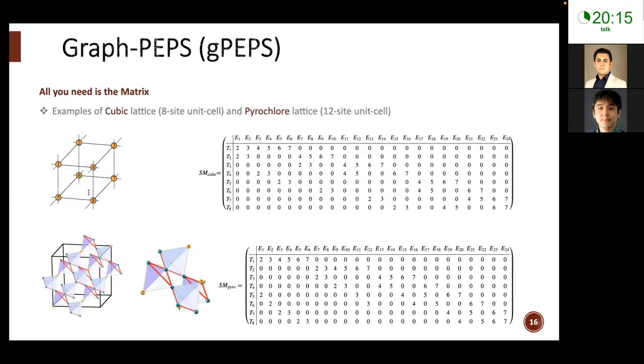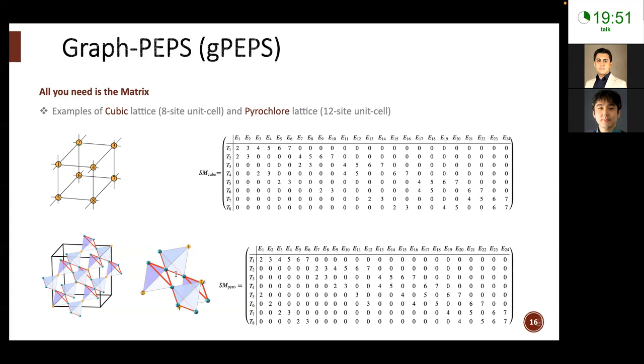To go to 3D, these are examples of the cubic lattice and also the pyrochlore lattice. So you would see that you could also simulate complicated lattice structures like pyrochlore. The cubic is the simplest one. There are attempts at applying the iPEPS algorithm to the cubic lattice, and you could also generalize the CTMRG algorithm to the cubic lattice.